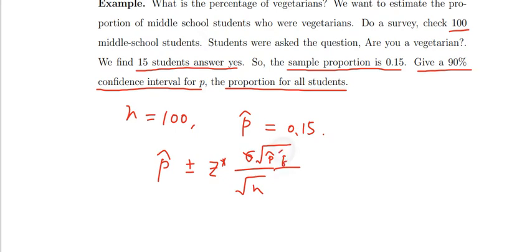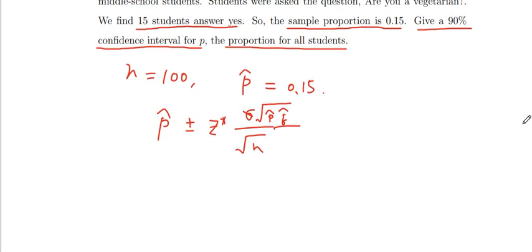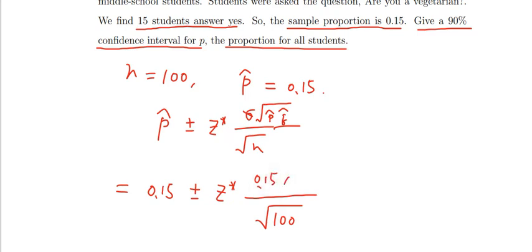Here we just plug in P hat, 0.15, plus or minus C star, with n equal 100. So P hat is 0.15, Q hat is 0.85, right? P plus Q is 1.